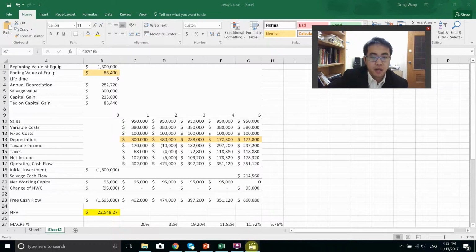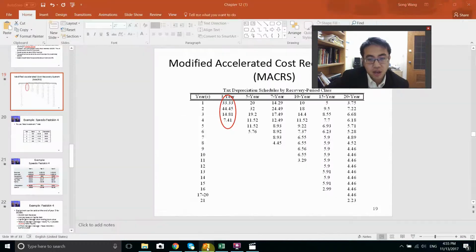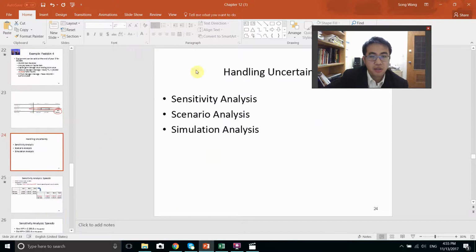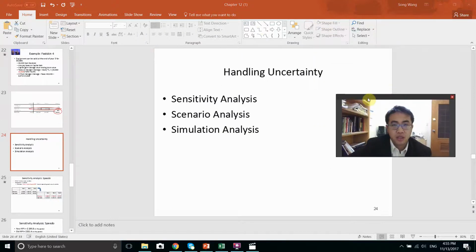All right, so this is MACRS for now, and now let's jump to another part of this chapter, which is risk analysis. So basically, we are not sure whether the number we are getting for NPV, including all the operating cash flow, the salvage cash flow, and change in net working capital, will be solid.